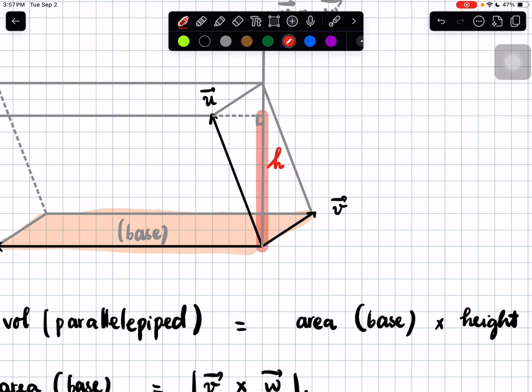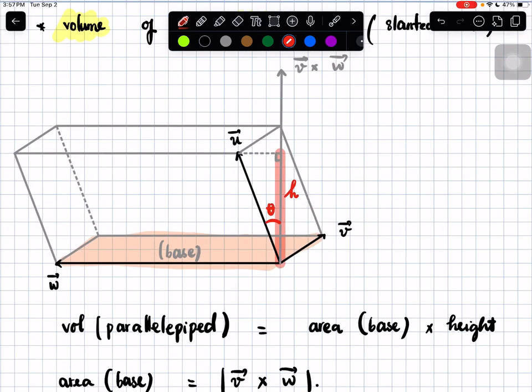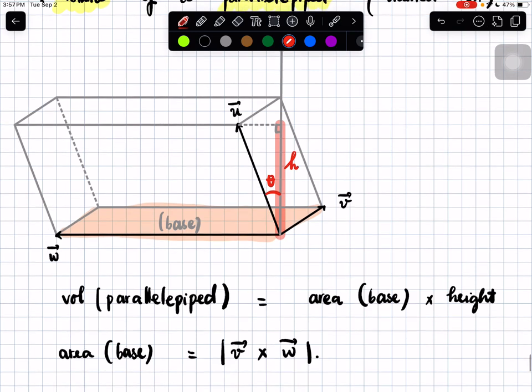So now let theta be the angle between u and v cross w. Then we know that the height, if I call the vector h, is the length of vector h.